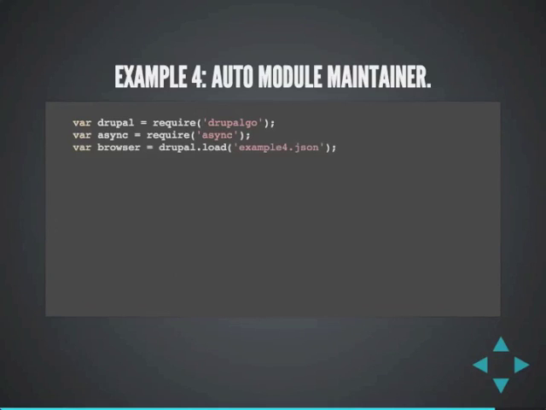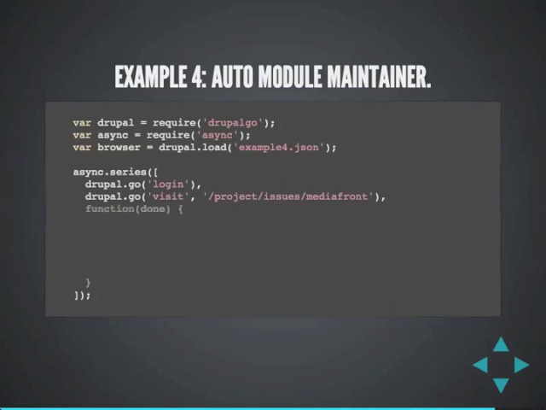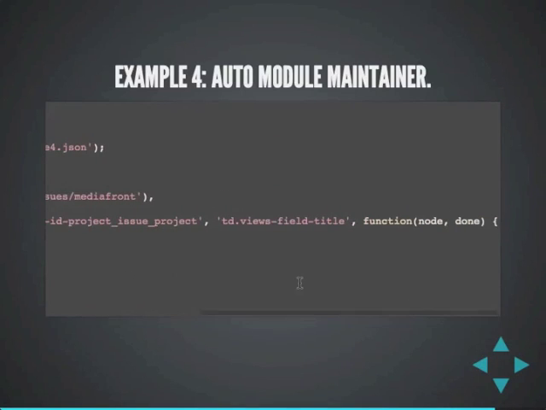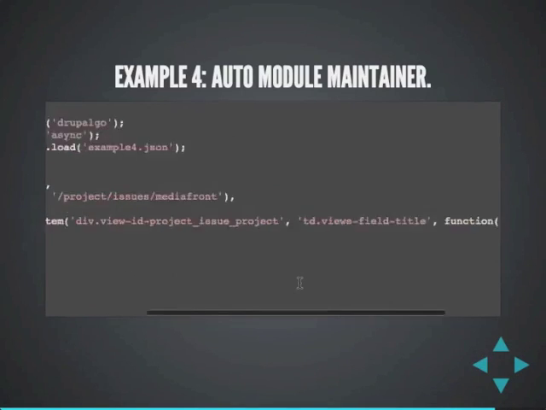All right, so here's what it looks like. And actually, I don't do the whole closing thing in this script, but it really is a very simple addition to this script, and it'll do it. So here I am, I log in, go visit project issues media front, and then here's my each view item. So I decide what the main selector is, which is project issue project. I tell you what each item is, and then I pass in that function node done there.